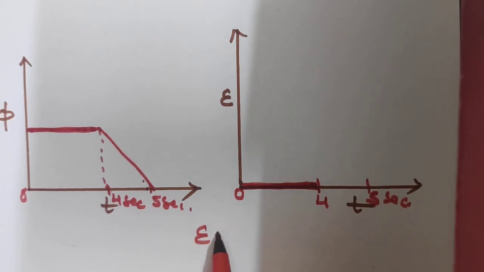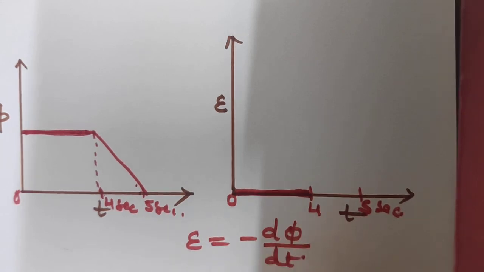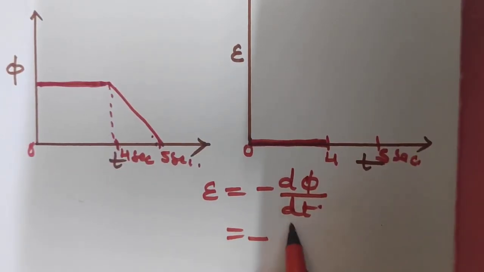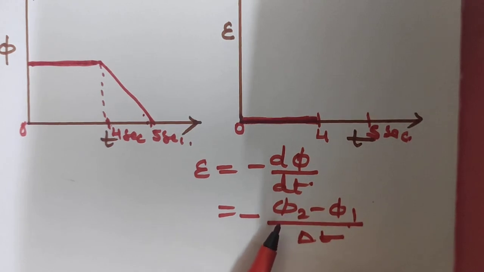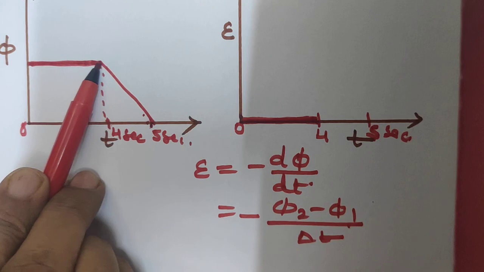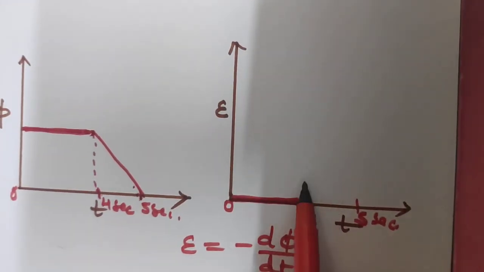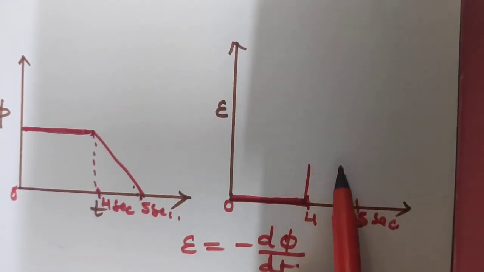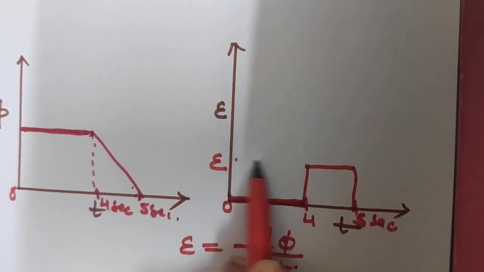E equals minus d phi upon dt, or E equals minus (phi 2 minus phi 1) upon delta t, in 1 second. Phi 2 is 0 and phi 1 is phi maximum, so the EMF will be positive. The graph will be like this. This is the induced EMF.